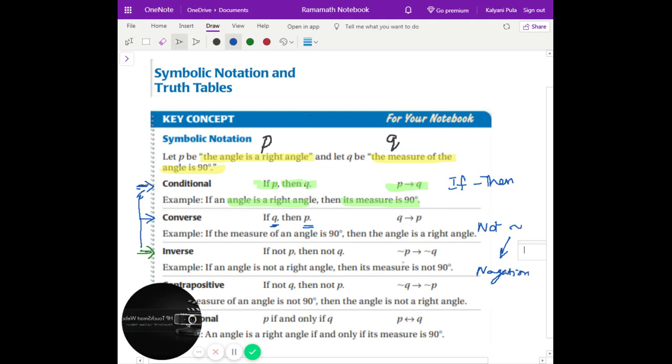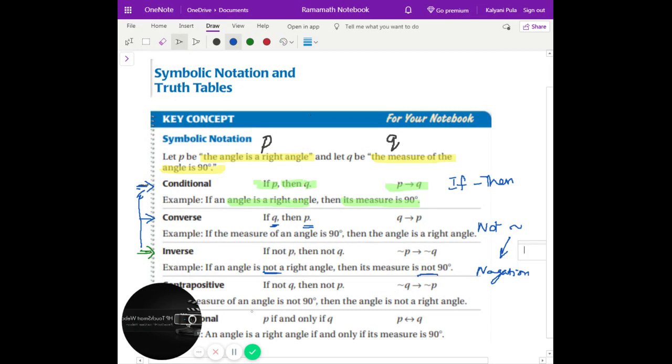So you can say negation P implies negation Q. In words: if the angle is not a right angle, then the measure is not 90 degrees.